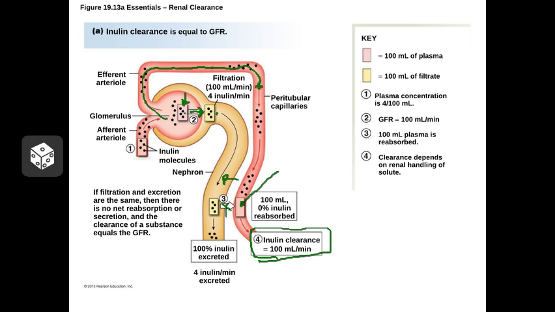That's what makes clearance so hard. We're not talking about the inulin, we're talking about the amount of plasma that has inulin taken out of it. If we were talking about inulin, we would be using milligrams, not milliliters. Remember, we use milliliters when we're talking about a fluid and milligrams when we're talking about a solute.